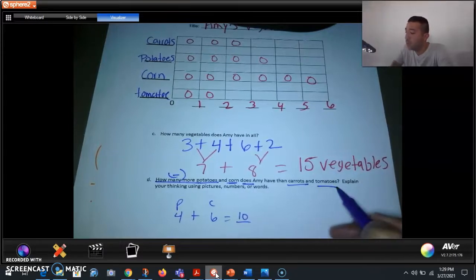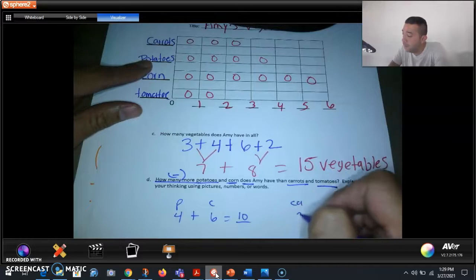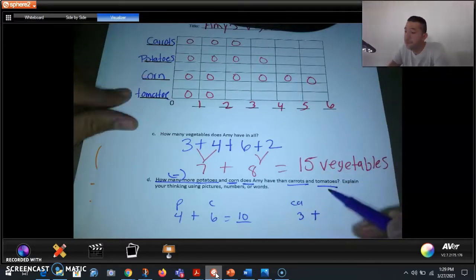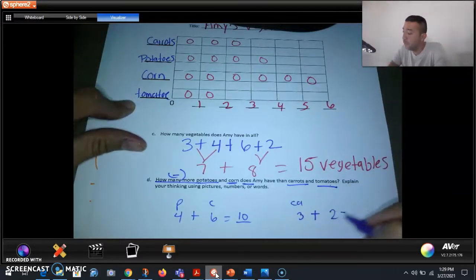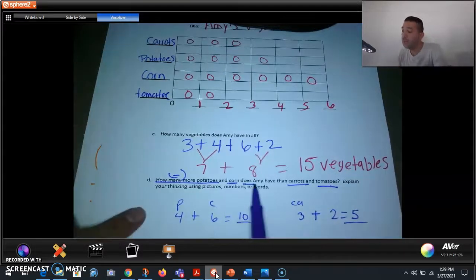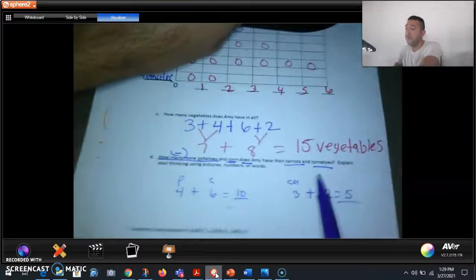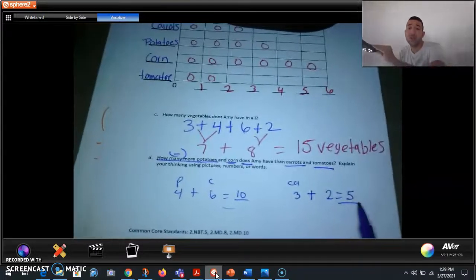Now let's look at carrots and tomatoes. For the carrots, we do have 3. And how many for the tomatoes? We have 2. So 3 plus 2 equals 5. So, boys and girls, potatoes and corn, there's 10 in total. Carrots and tomato, there's 5 in total.